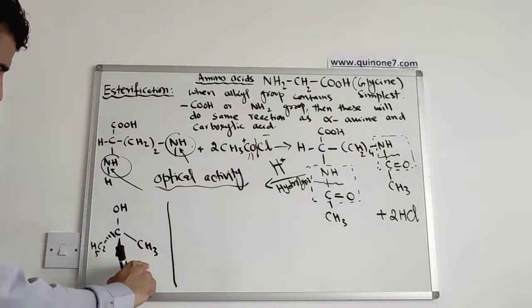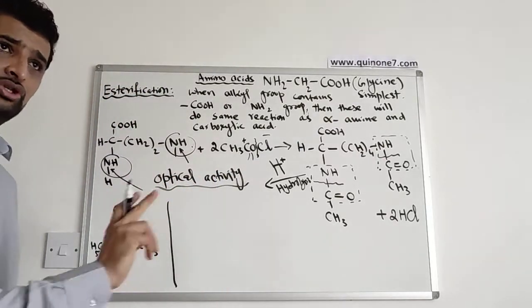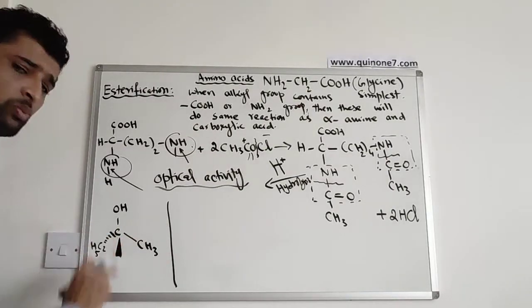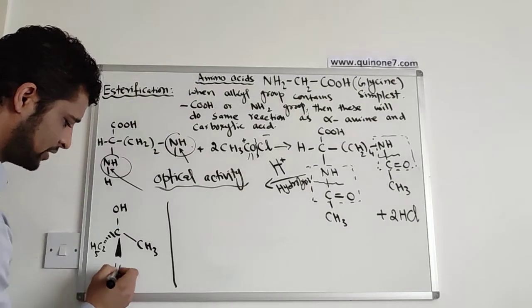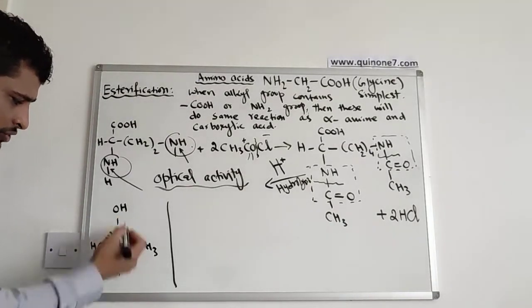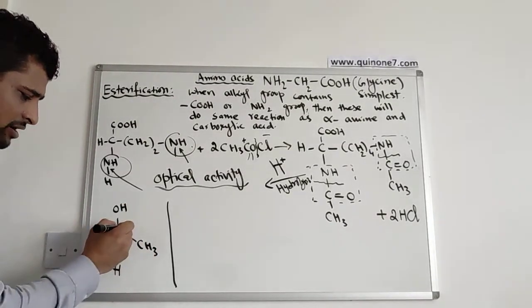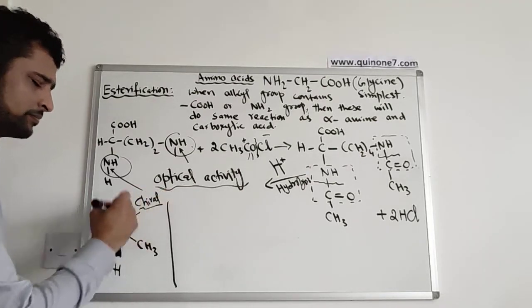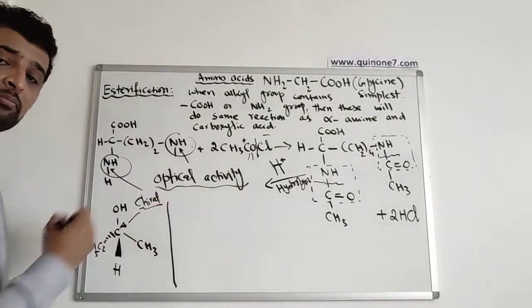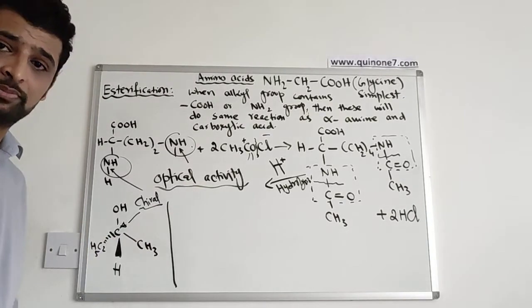Now, amino acids, if you look at it, there are two different rules for that. Number one, the carbon atom should be connected with 4 different groups. So you have 1, 2, 3, 4. That carbon will be known as a chiral carbon. And the mirror image should be non-superimposable on it.